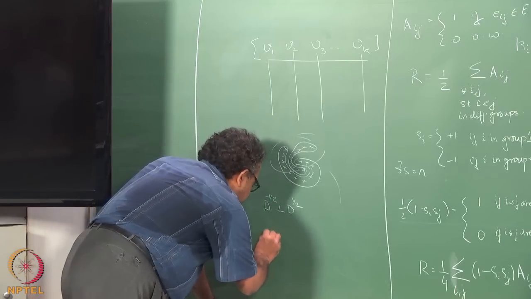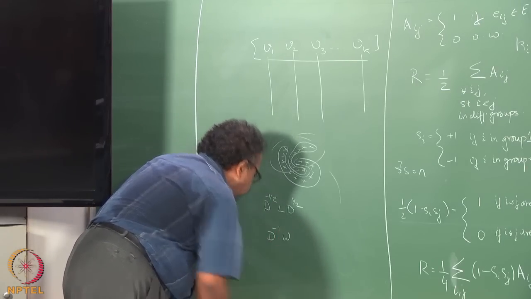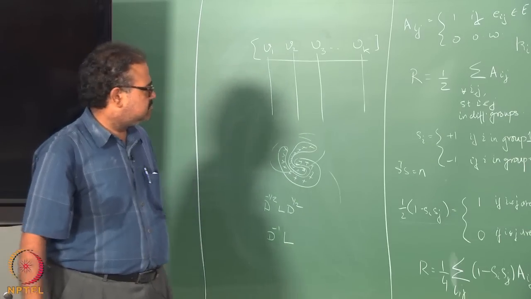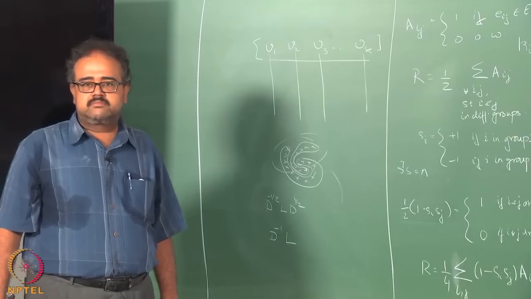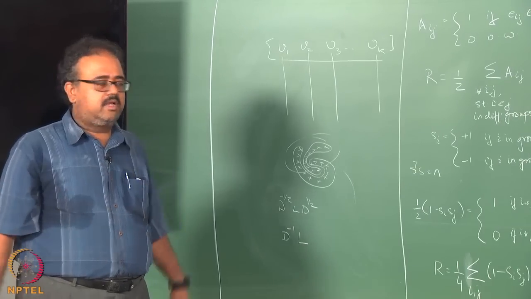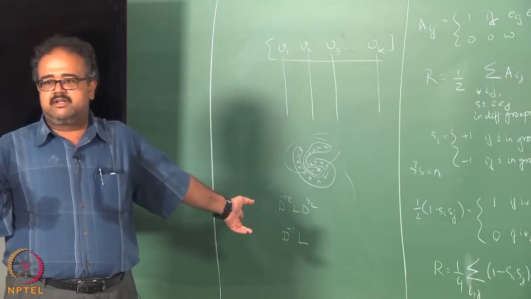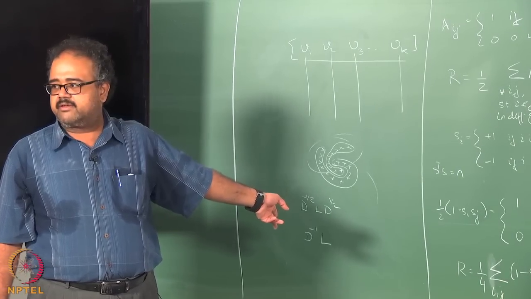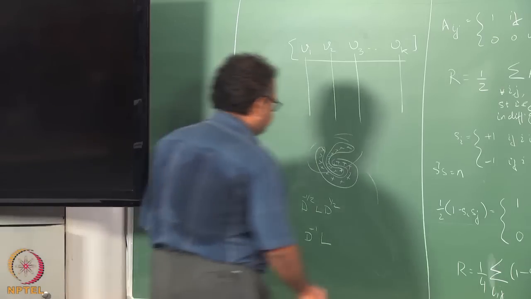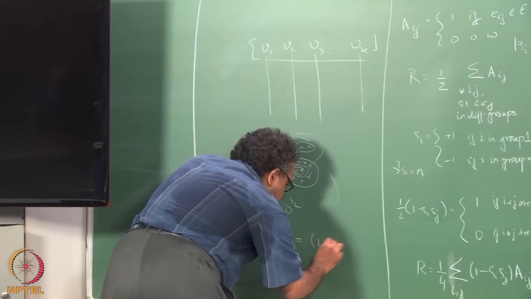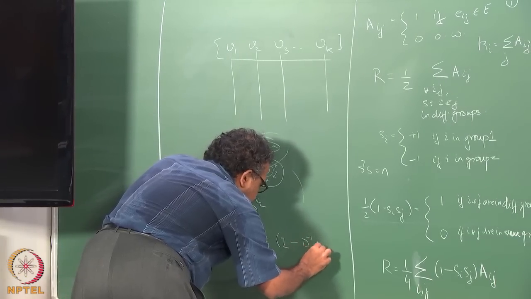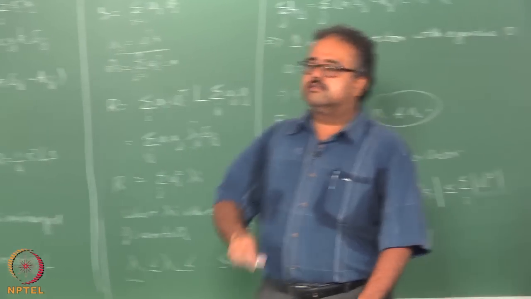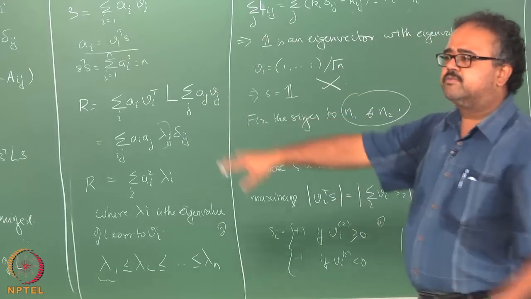And then the other definition I believe is, which is essentially I minus D inverse A. Sorry guys, back there, I know I was blocking whatever I was writing.